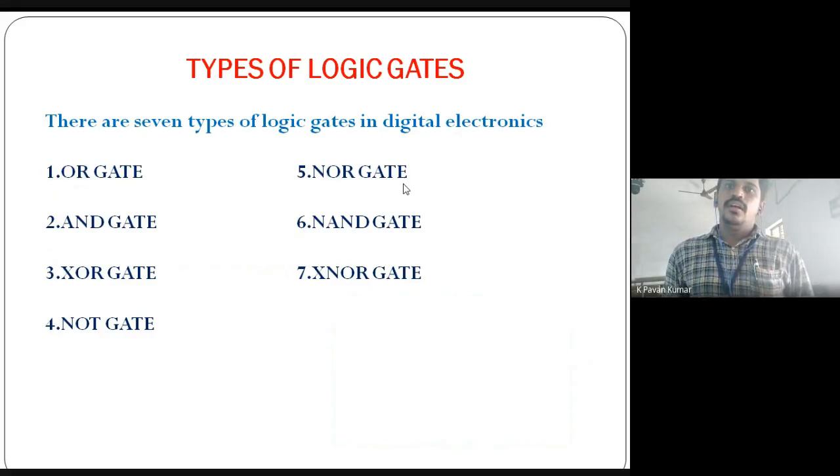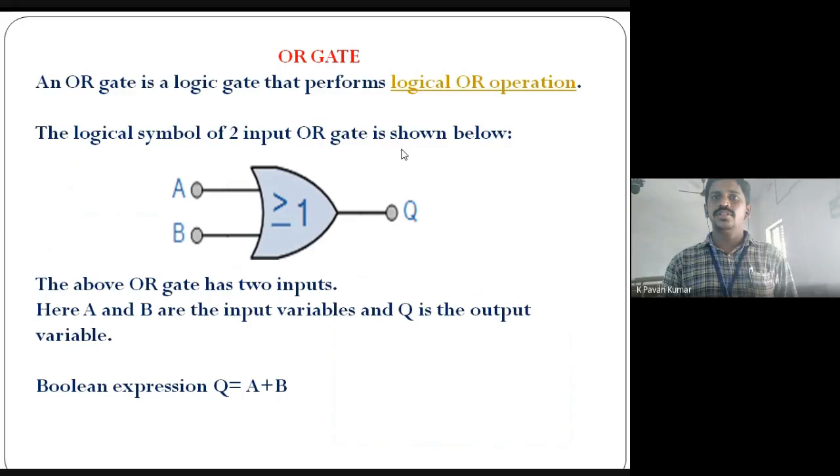Now, types of logic gates. We divide them into seven logic gates here: OR gate, AND gate, XOR gate, NOT gate, NOR gate, NAND gate, and XNOR gate. These are the types of logic gates. First, we discuss what is meant by the OR gate.